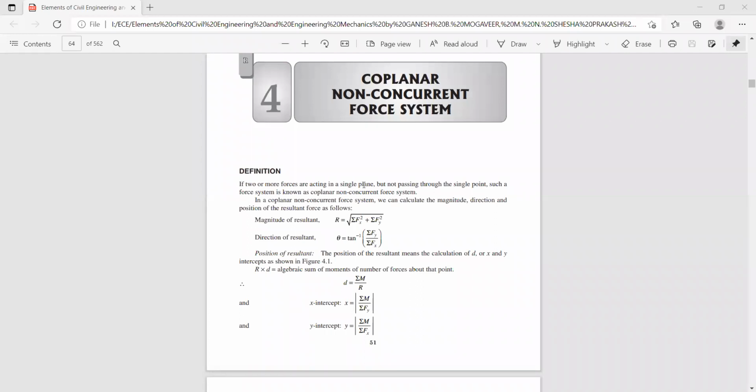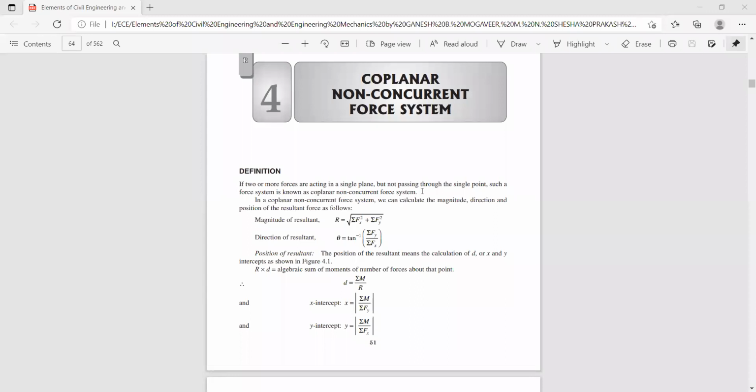A concurrent force system is one wherein the forces act in a single plane and pass through a single point, whereas in a non-concurrent force system the forces act in a single plane but do not pass through a single point.